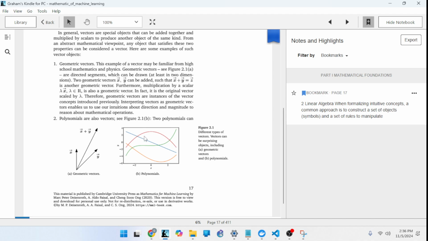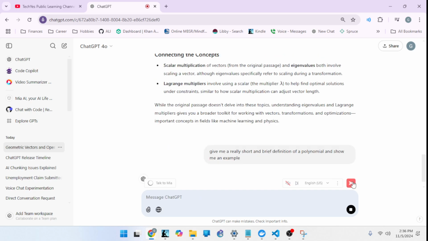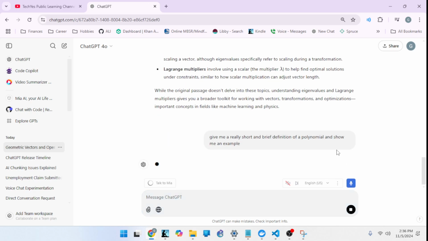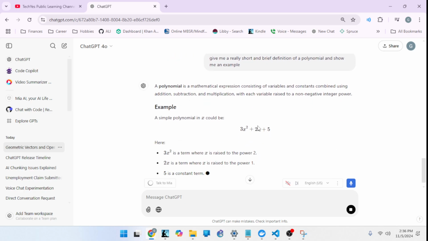So here's a polynomial. Now, give me a really short and brief definition of a polynomial and show me an example. It's just a mathematical expression consisting of variables and constants. So this is a polynomial. If you know what x is, this would be a single number.